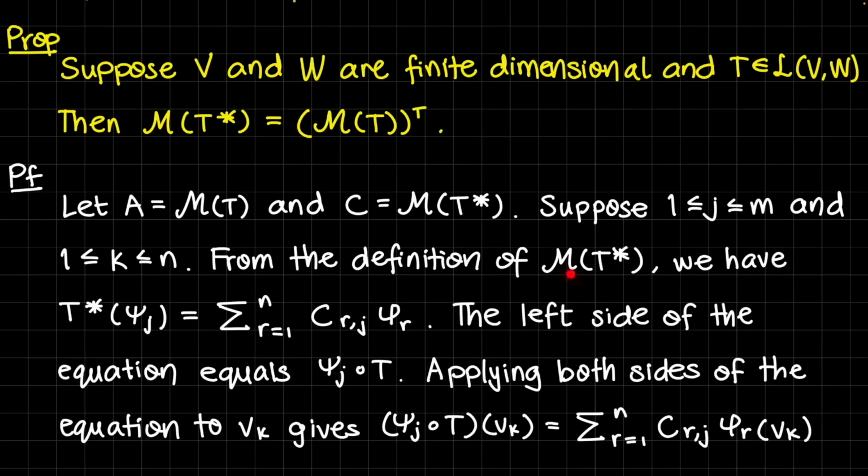From the definition of matrix of a linear map, in this case we're taking the matrix of T star, we have that the action of T star on a dual basis vector, so T star acting on psi j, is by definition equal to the sum from r equals 1 to n of C_rj phi r. So C_rj are the components or the entries of the matrix of T star, which we call C. So we have C_rj denoting the rjth entry of the matrix C.